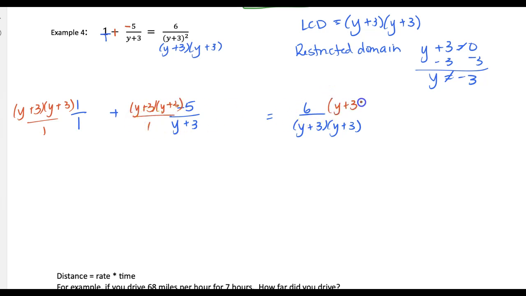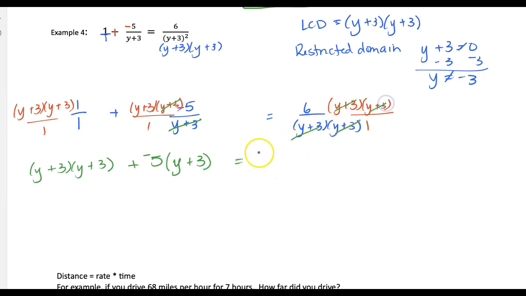And finally, y plus 3 times y plus 3. Start to reduce. In the first fraction, nothing reduces, so we just have y plus 3 times y plus 3. In the second fraction, we end up with, remember that was a negative 5 times y plus 3. And in the last fraction, we have a 6.